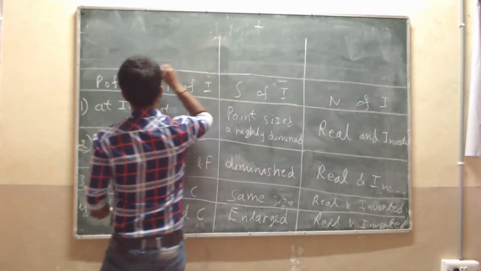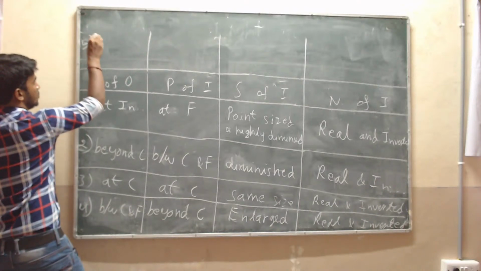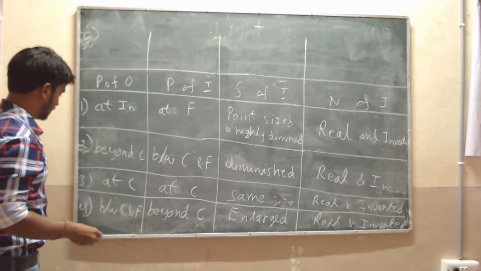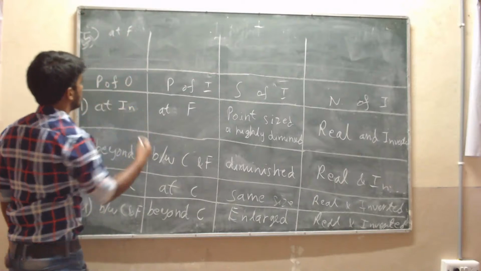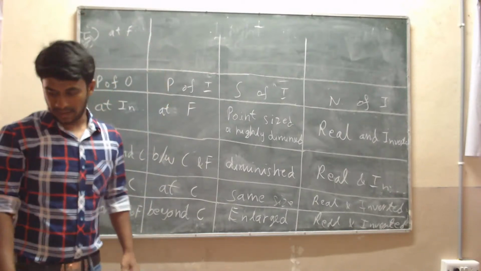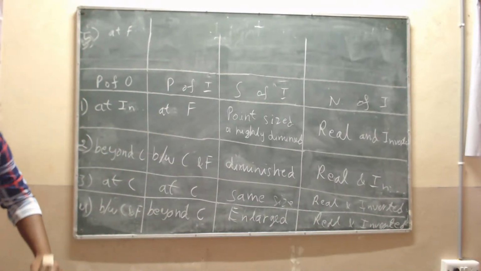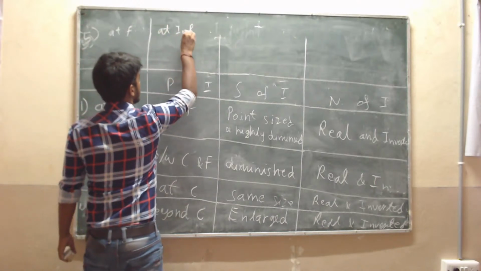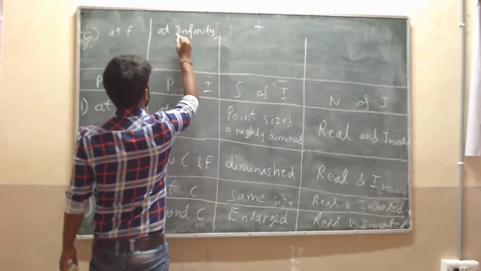Right, okay, move the table. So fifth one, position of the object at F. Then where is the position of the image? That is at infinity.